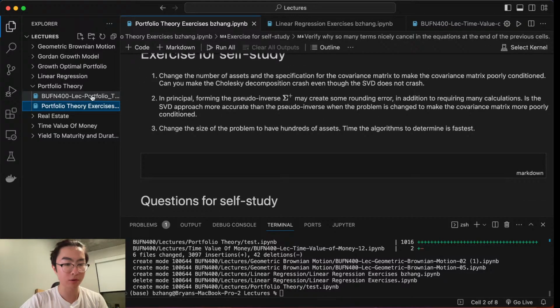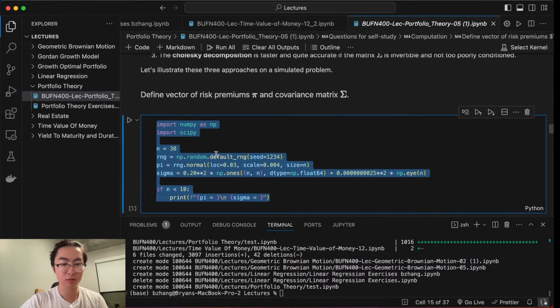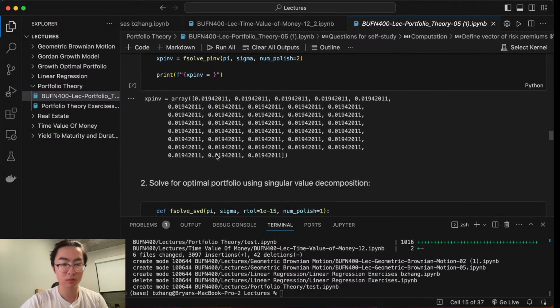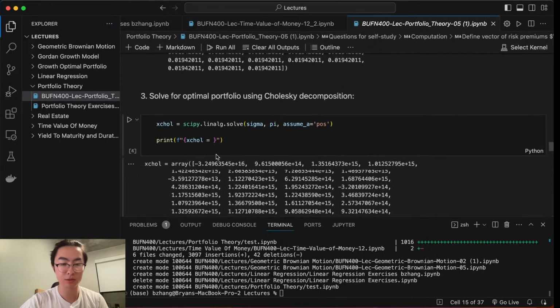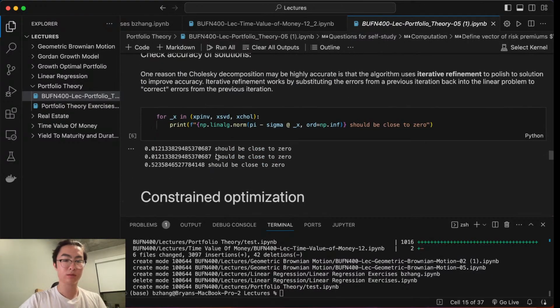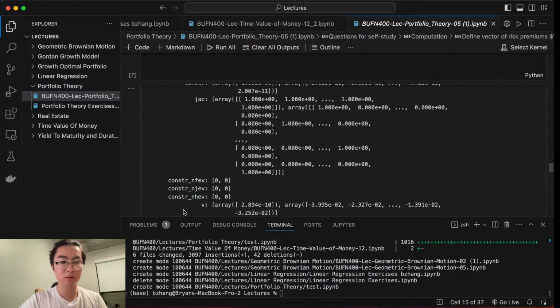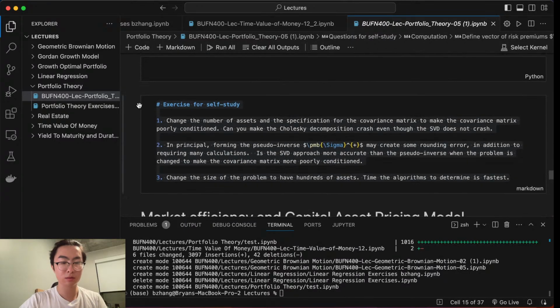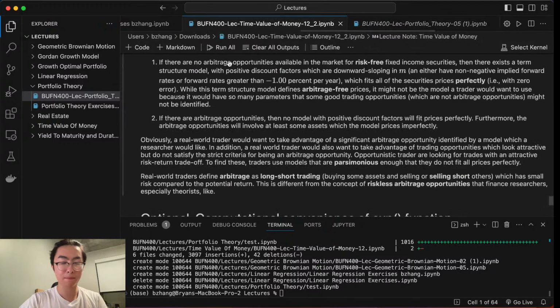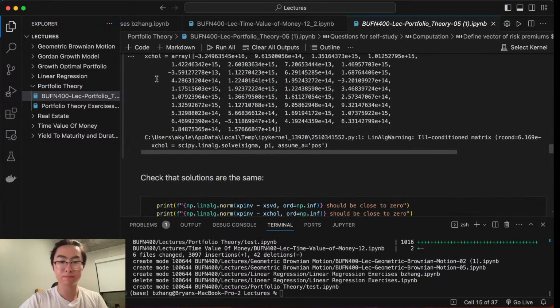Okay, so portfolio theory, we have pseudo-inverse, singular value decomposition, Cholesky, relations. Okay, so portfolio theory.